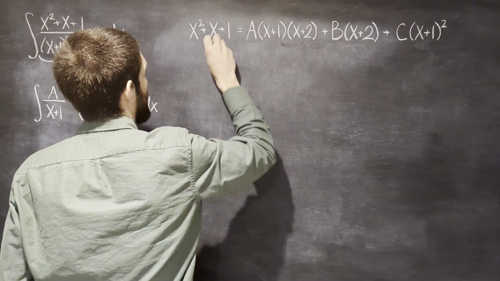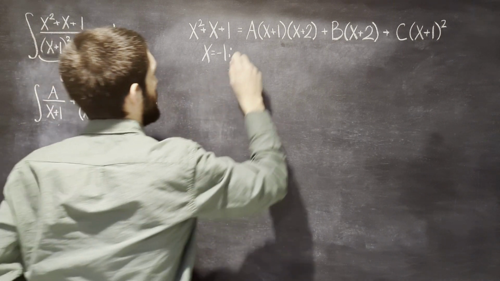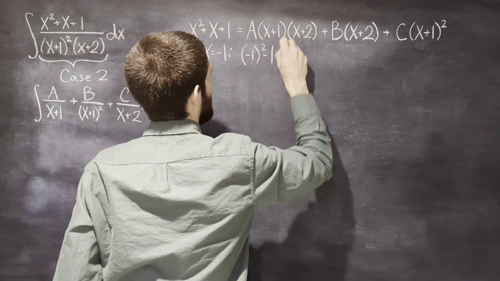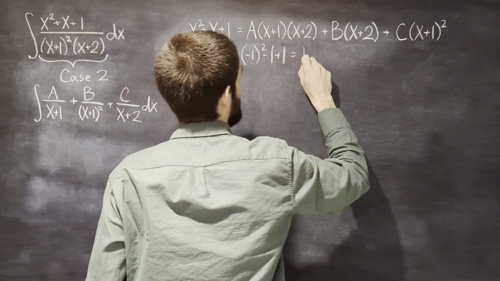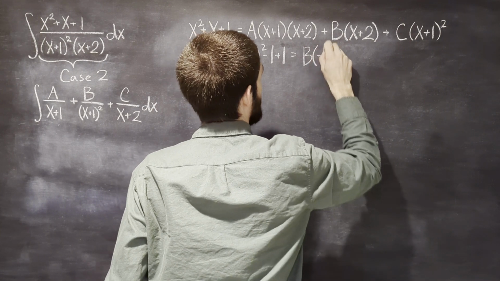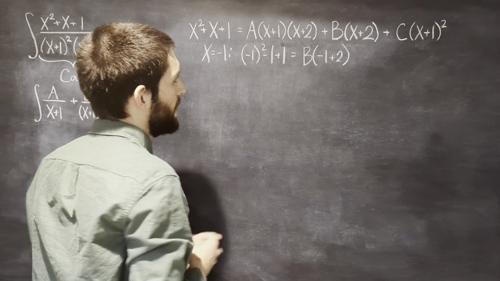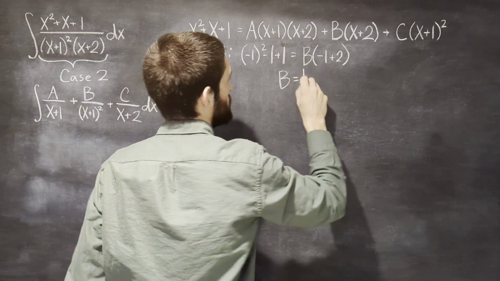So if x equals -1, then on the left we have (-1)² - 1 + 1, and on the right we have 0 + b times (-1 + 2) + 0. Now we can just solve for b, giving us b equals 1.